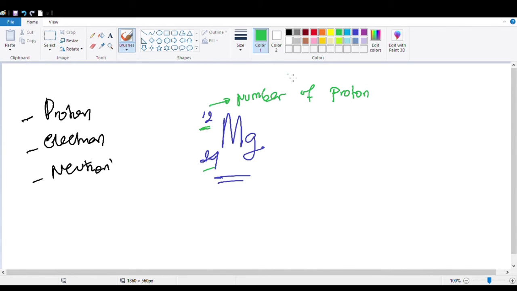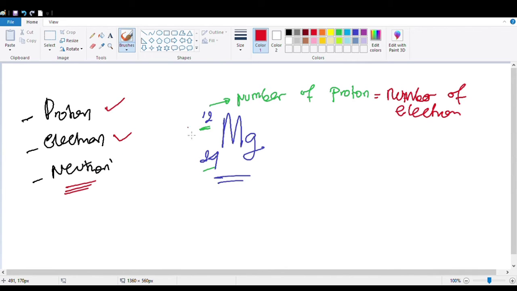It means the number of protons is the same as the number of electrons. So this magnesium has 12 protons and also 12 electrons. So this magnesium atom is neutral. Okay. Now you know how to identify proton and how to identify the electron. And now, how about the neutron?